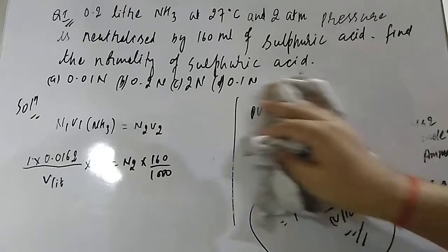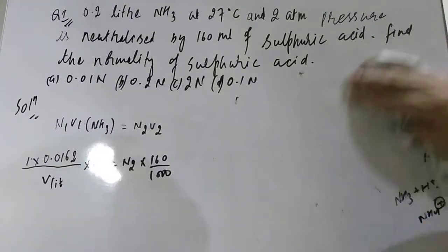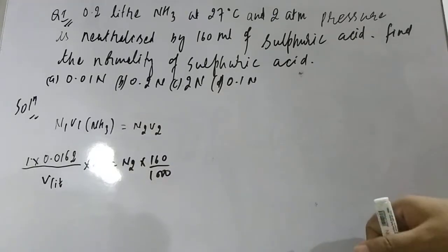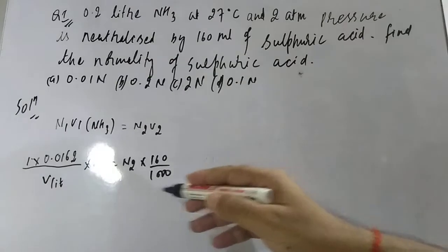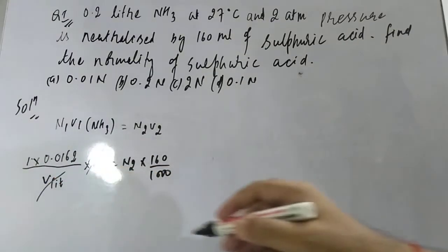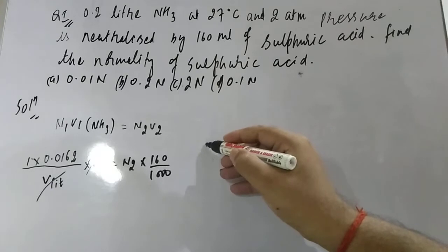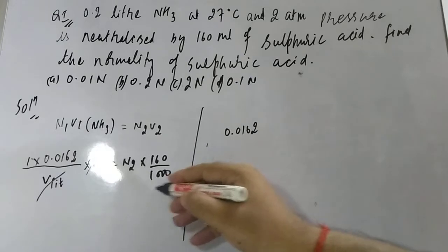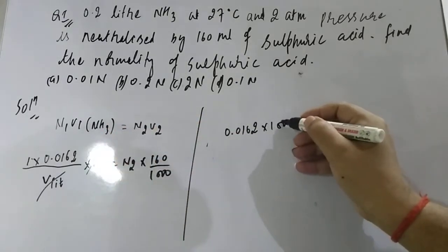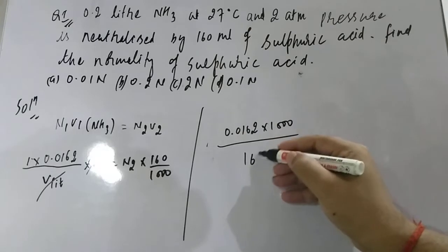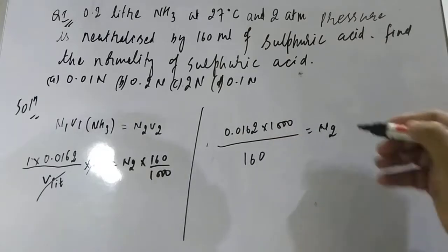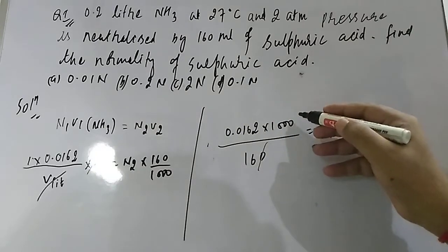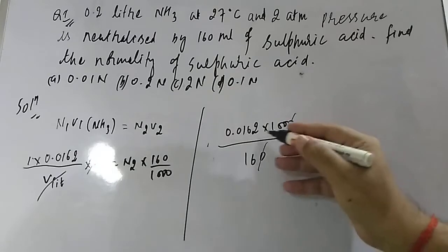Please keep watching, you will be able to understand. This is not a tough problem. The volume V1 cancels out. So we have 0.0162, and this 1000 will go to that side, multiplied by 1000 divided by 160, equal to N2. Here the 10 and 10 cancel out, so 20 are there.